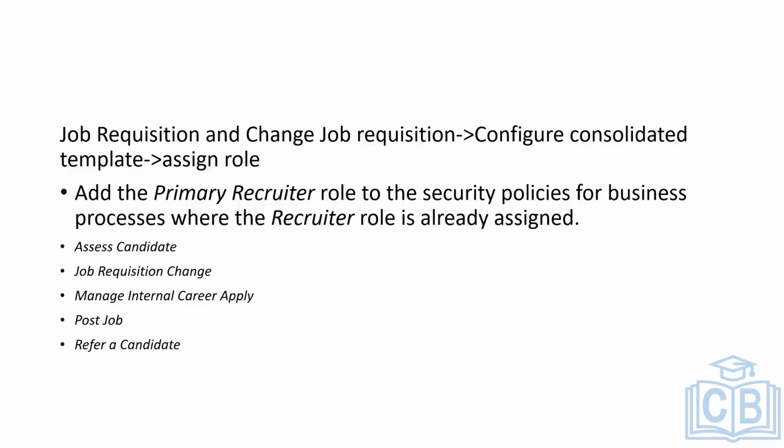When a recruiter sees the job requisition steps, he will be able to see various sections over there. This is what it is. Then we just have to add the primary recruiter role to the security policies, like how we do it for other security groups. And we can add primary recruiter in all these sub-processes as well.